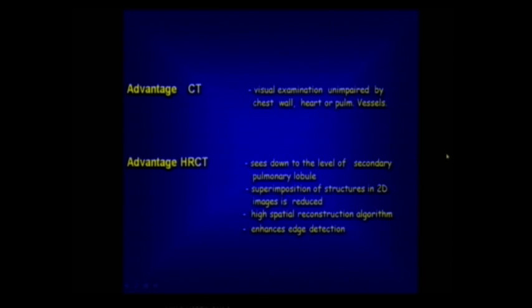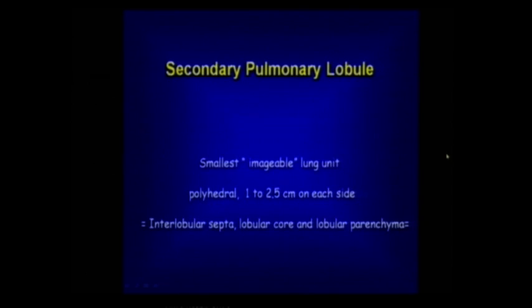But coming to HRCT, it sees down to the level of the secondary pulmonary lobule, which is the building block of the lung. Moreover, since they are thin sections, superimposition of structures in 2D images is reduced, and you also employ a high spatial frequency reconstruction algorithm with edge enhancement. So that is what is being done in HRCT.